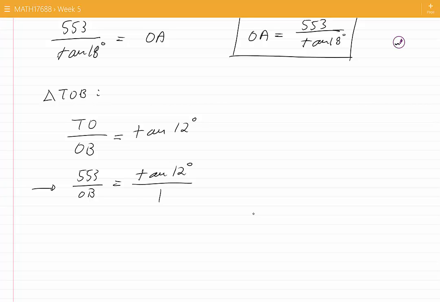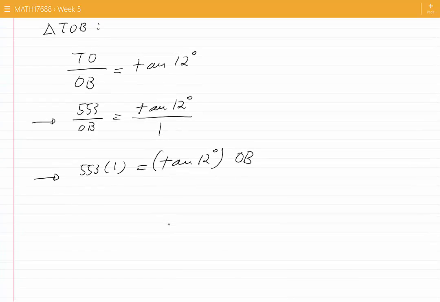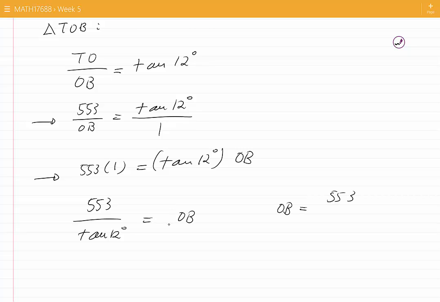By cross multiplication, we get 553 times 1 is equal to tangent of 12 degrees times OB. If we divide both sides by tangent of 12 degrees, we find that OB is equal to 553 divided by tangent of 12 degrees. I just summarize the result as OB is equal to 553 divided by tangent of 12 degrees.